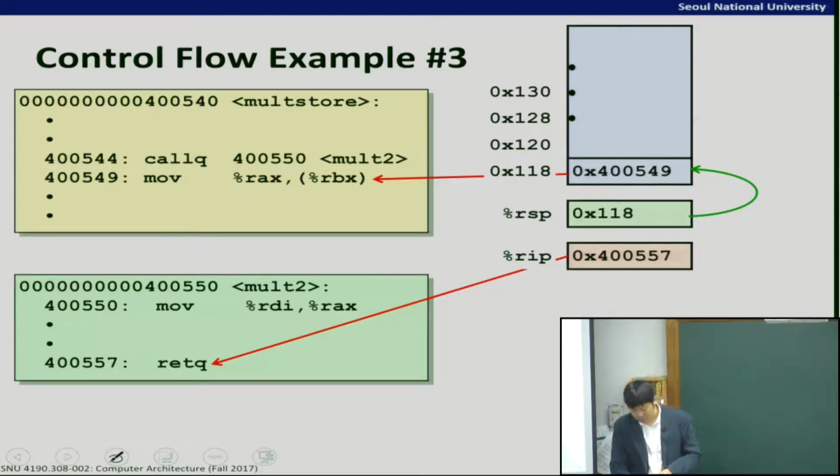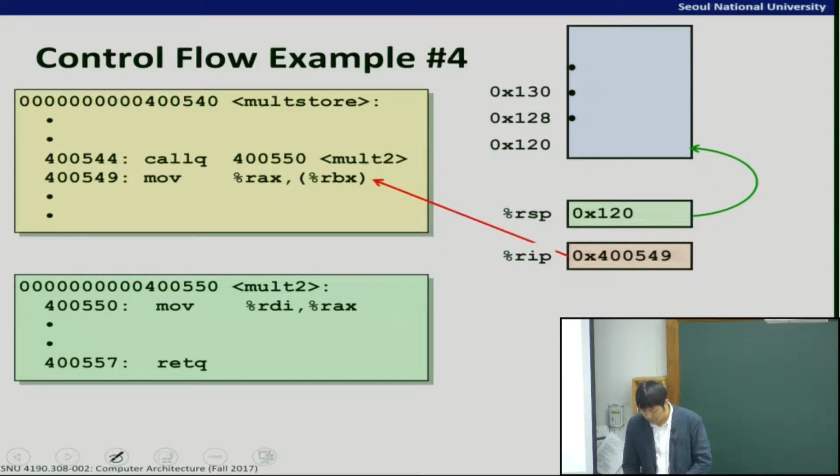So if you execute this return, a RETQ, then this return address will be popped, and RSP will be incremented by 8, because now we popped it, so your stack shrinks by one element. And RIP is now updated to the next instruction here.